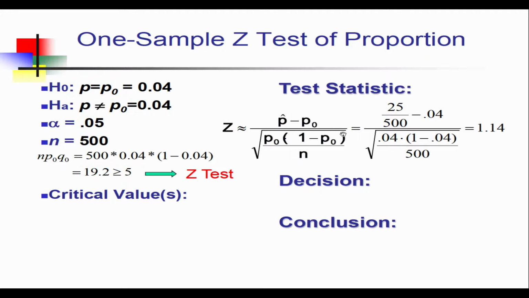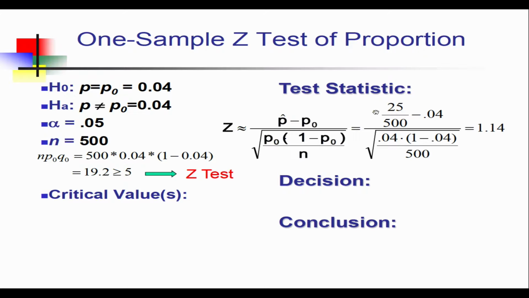So next step, we calculate this test statistic. P hat, you can get this estimate using your sample. Because we randomly selected 500 transactions, 25 out of them have errors. So we are talking about the error proportion.